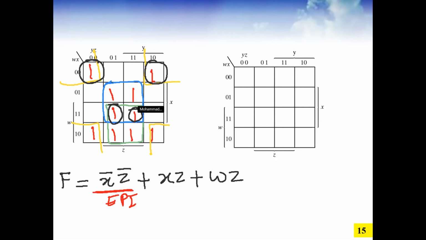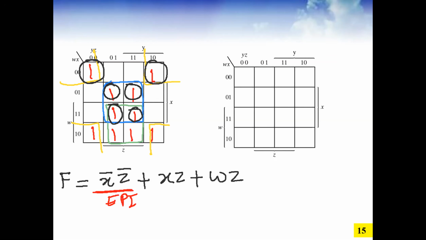Can we combine the upper two any other way other than the blue color? No. There is no way. And I have to find only a single minterm which cannot combine any other way. But here we have two minterms which cannot have any other solution. So it means this is also an EPI.